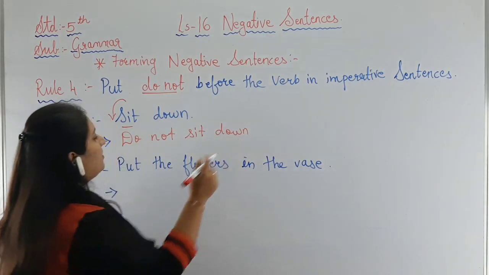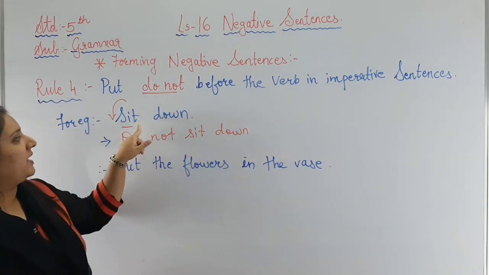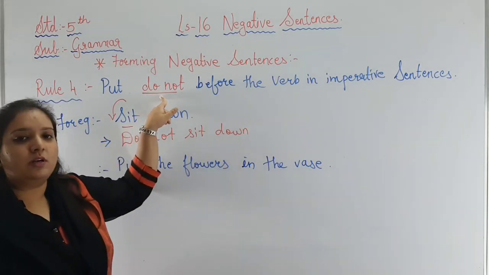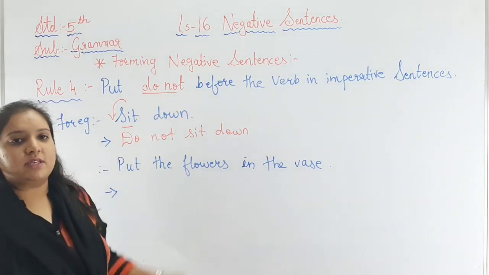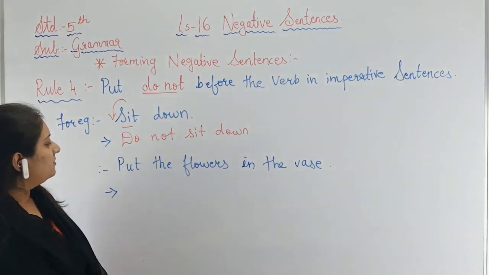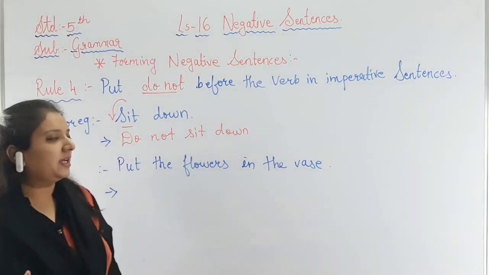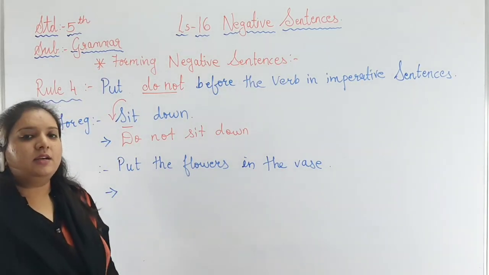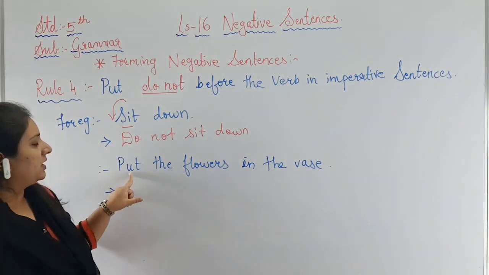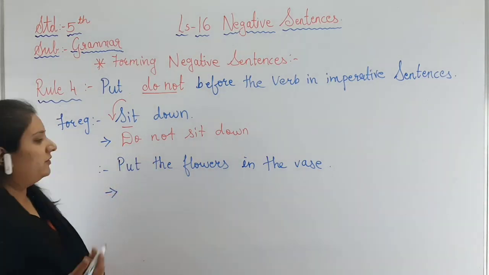So whenever you get an imperative type of sentence, you have to find the verb and add the word do not to make it a negative sentence. Look at the last example: put the flowers in the vase. I am advising you to put the flowers in the vase. Here the verb is put, so again we will add the word do not before the verb.